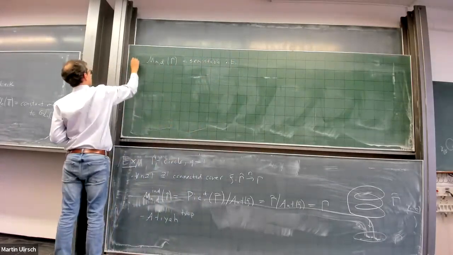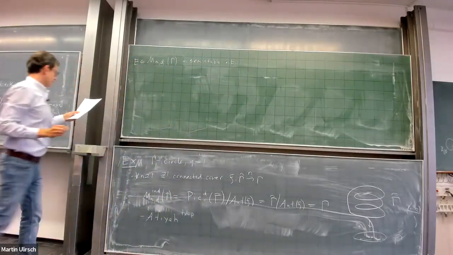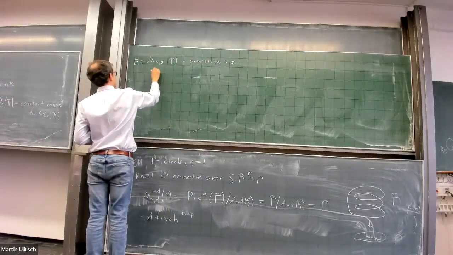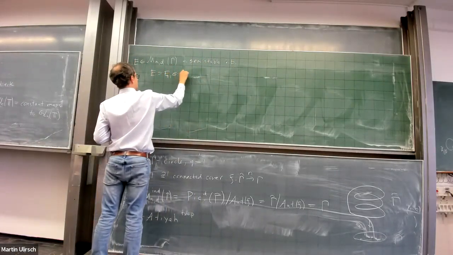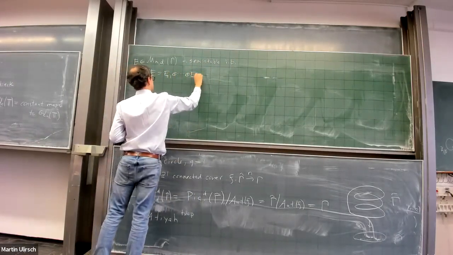So if I have E in here, then E is a sum of indecomposable vector bundles.